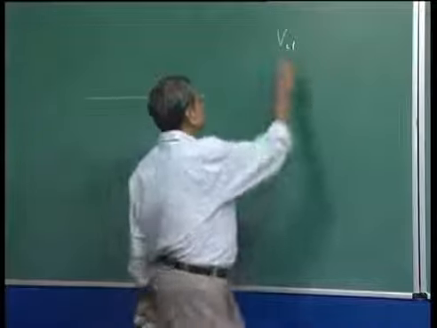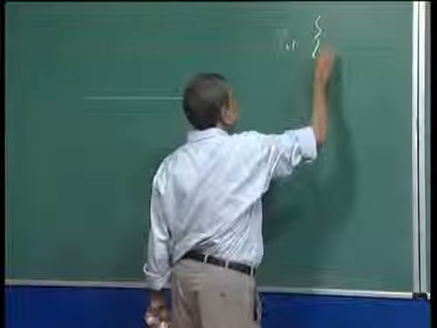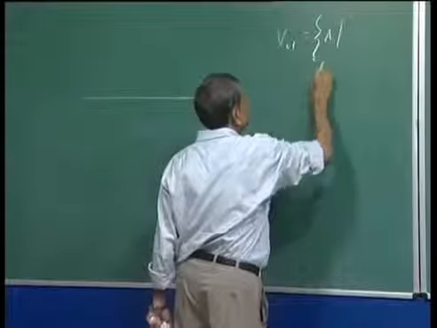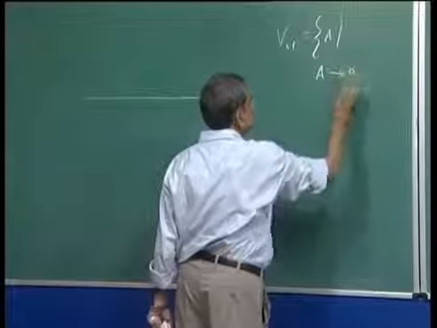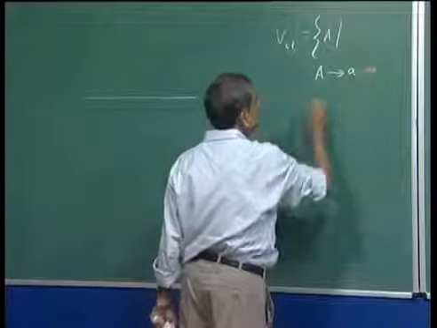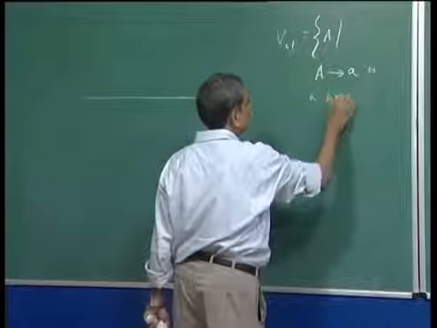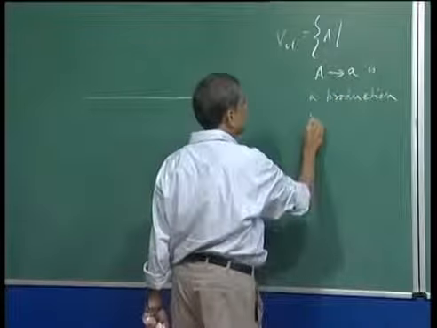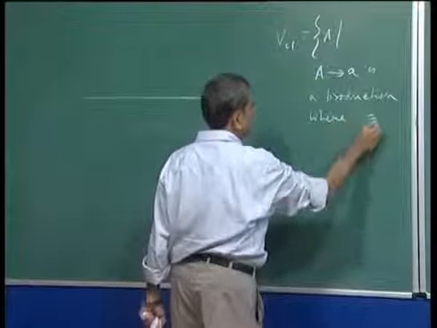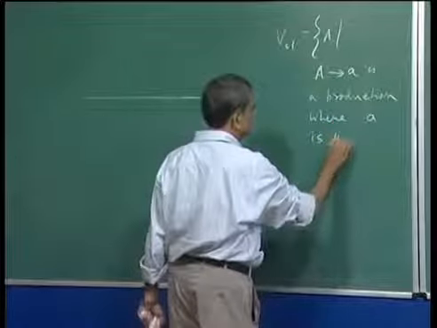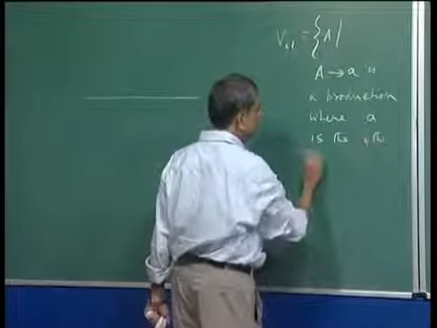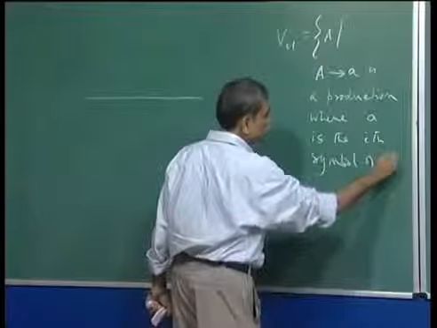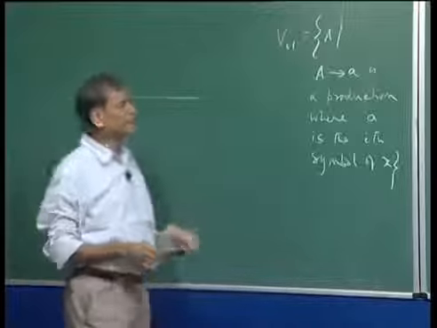So isn't it that Vi1 is essentially all those non-terminals A such that A goes to a is a production where a is the ith symbol of x. This is very simple, right?